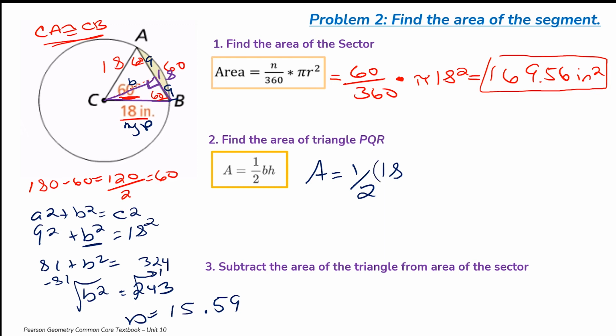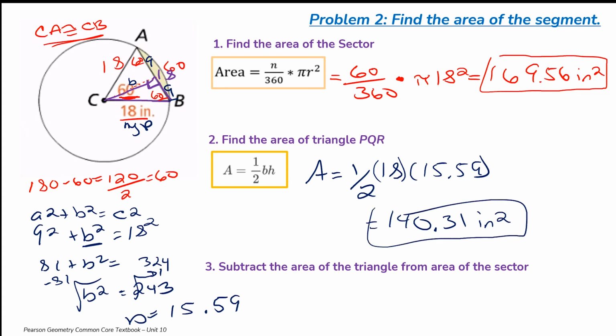Base is 18 and the height is 15.59. So multiplying that through, I get 140.31 inches squared. Now I can subtract.